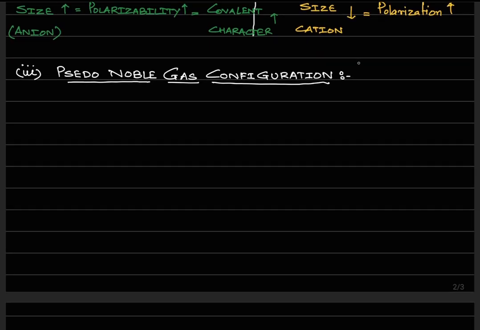So let me write it for you. The covalent character is directly proportional. We are simply talking about the sizes, not anything else. Let me write it fresh. We are specifically talking about the sizes.